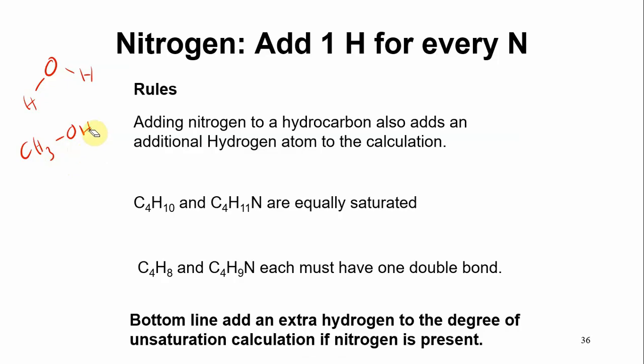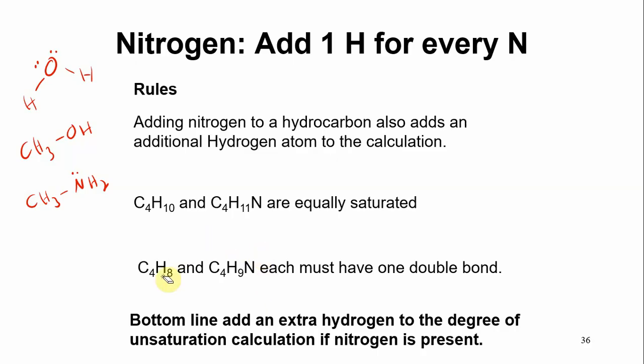Oxygen has no effect because it's only what we call divalent, in other words, only two shared pairs in a neutral compound. What's the equivalent nitrogen structure to this? If we take this oxygen out and put a nitrogen there, what else do we have to add? Compared to this, we had to add an extra hydrogen, right?